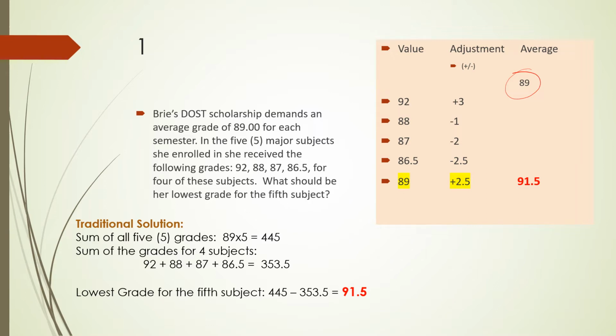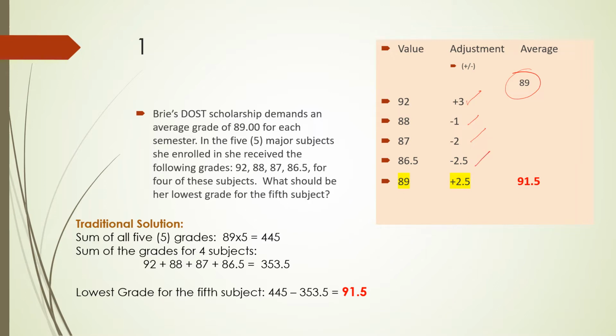We now will have to refer to 92 as 89 plus 3. So that's what you write. And 88 is 89 minus 1. 87 is 89 minus 2. And 86.5 is 89 minus 2.5.